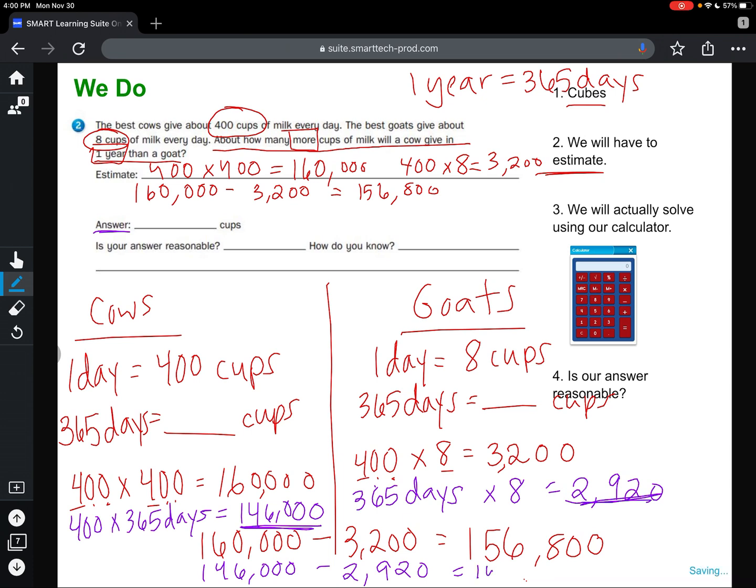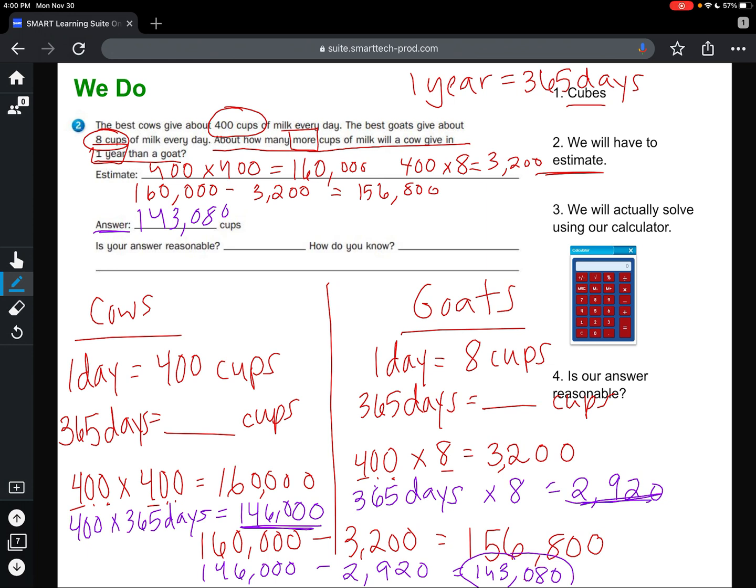And you'll get an answer of 143,080. That is your actual answer. So a cow makes on average 143,080 cups more milk in 1 year than a goat.